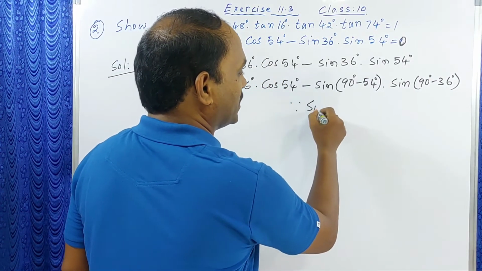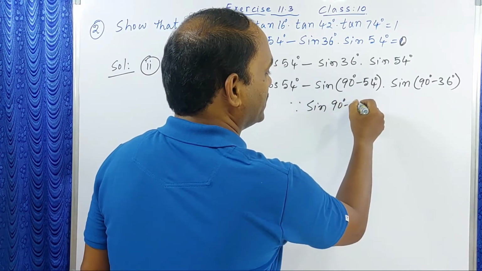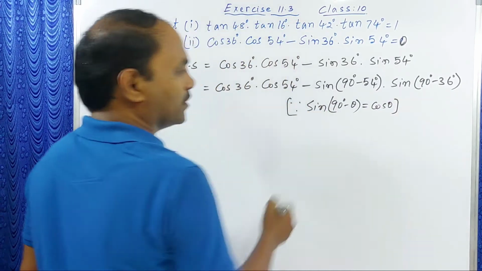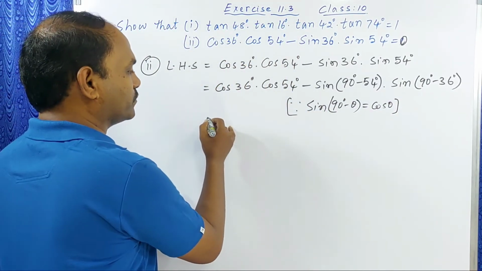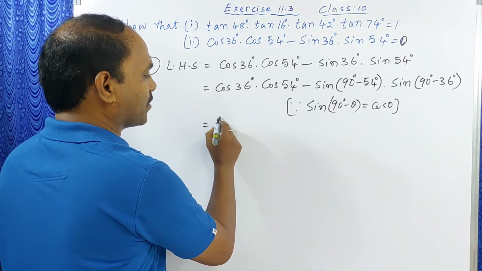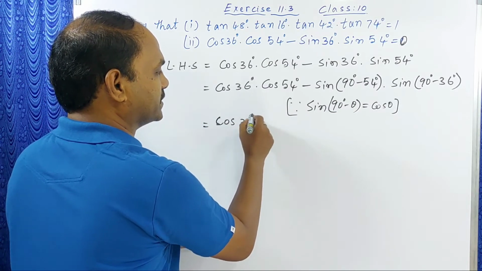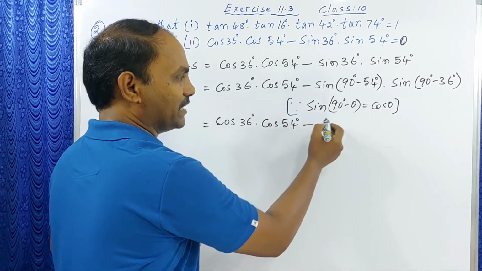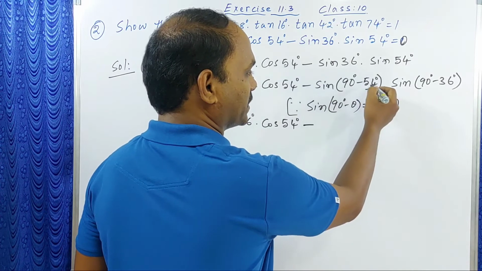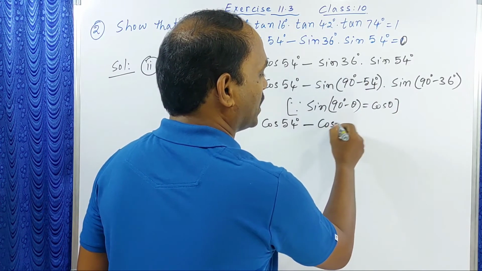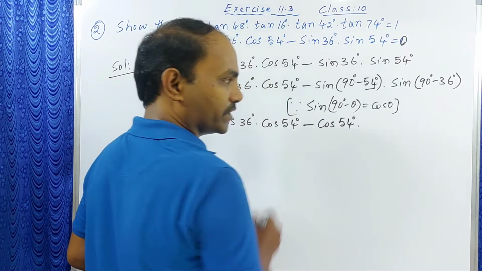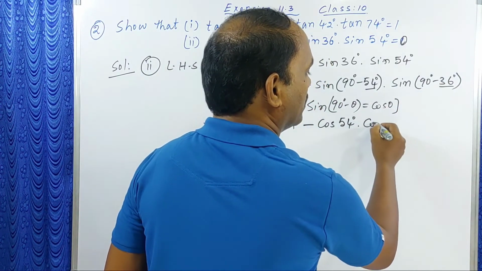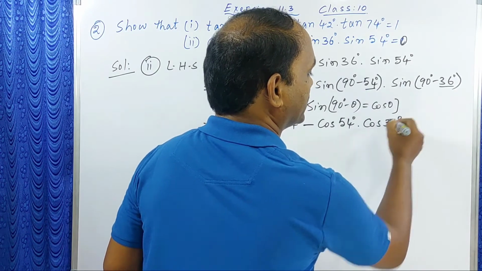Since here one formula is there: sin 90 degrees minus theta is equal to cos theta. By using this formula, what we are going to write here is cos 36 degrees into cos 54 degrees minus sin 90 minus theta, theta is 54 here, so cos 54 degrees, into sin 90 minus theta, theta is 36, so cos 36 degrees.